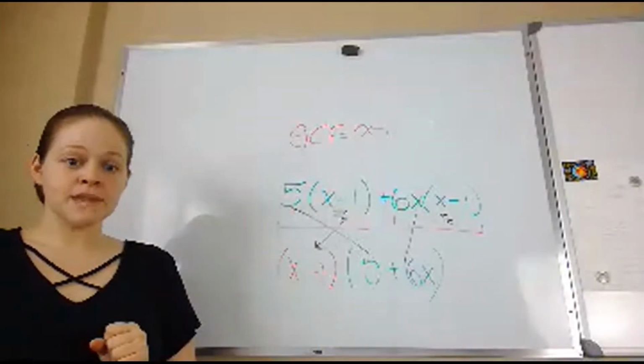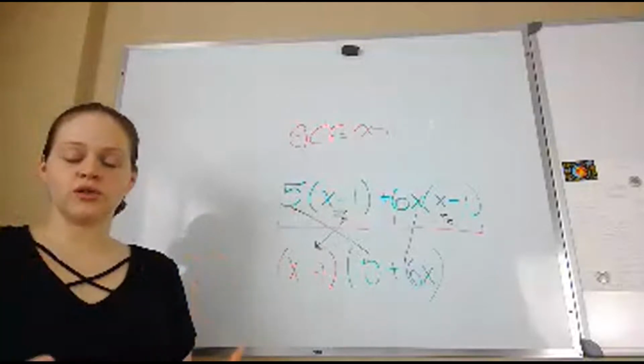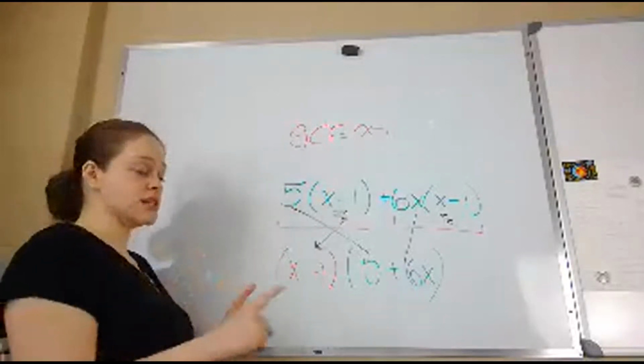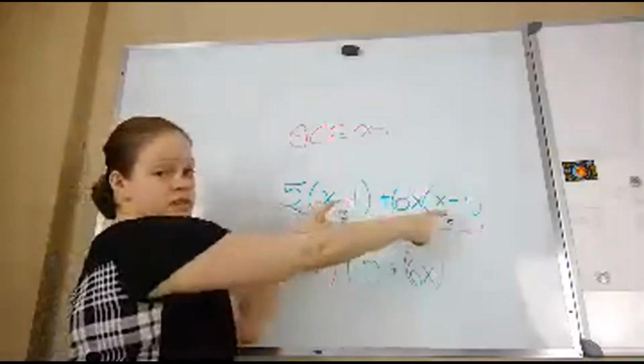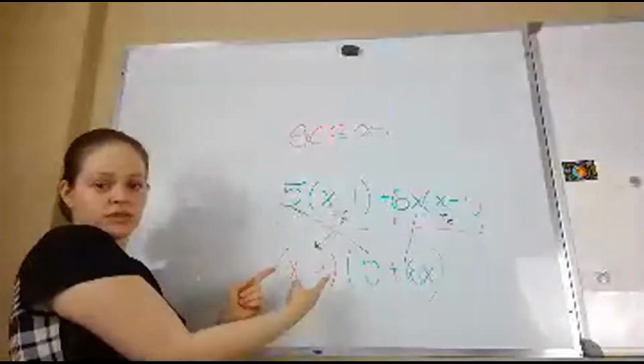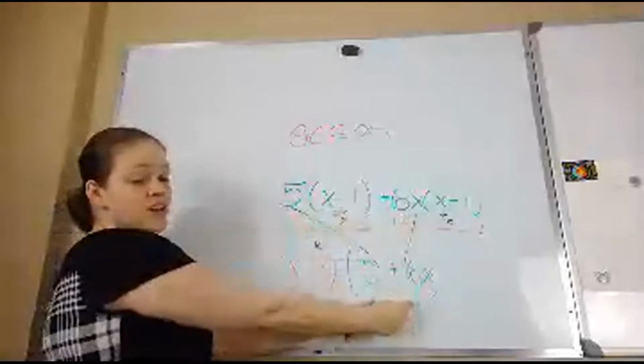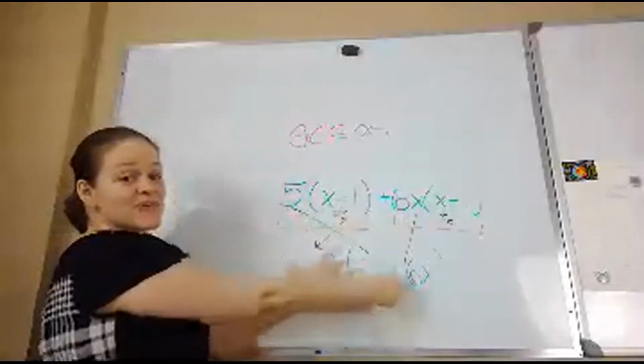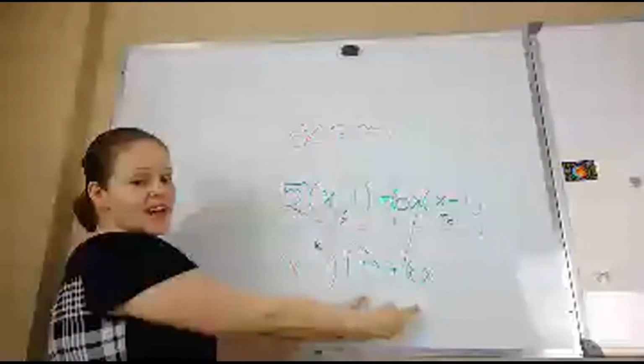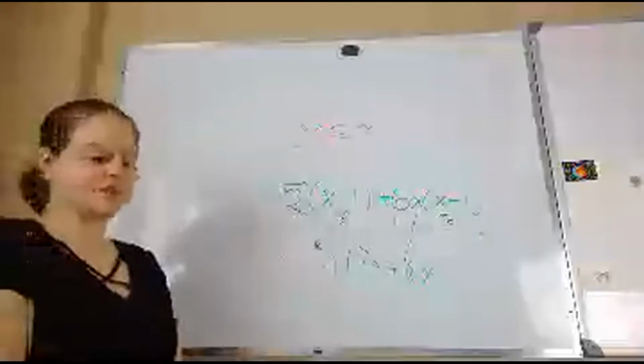All right? And then, just to draw a quick connection, you may notice that your GCF is just what they both have in common, which is always, right? But then also you can notice that the 5 and the 6x are the exact same right here. Yes, and the GCF does equal x minus 1.